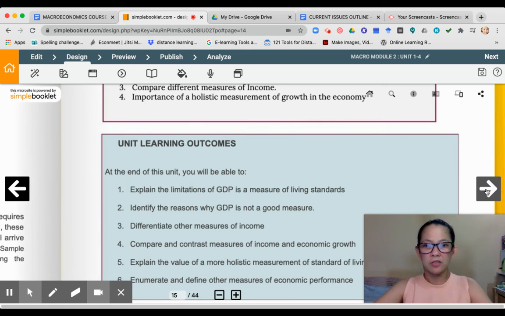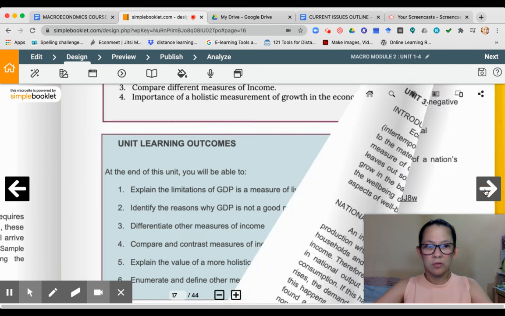Also included in this particular slide, or this particular simple book, are the different limitations of the gross domestic product as a measure of living standards. Kaya, since ang GDP ay based sa napakaraming pag-aaral, ay may kakulangan sa capacity niyang magbigay ng totoong reflection of what's happening in the economy.